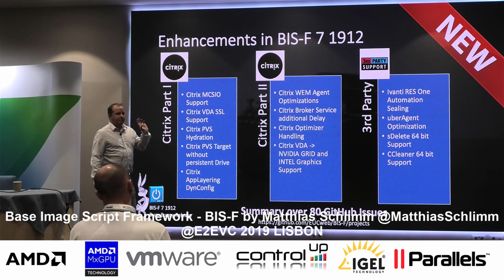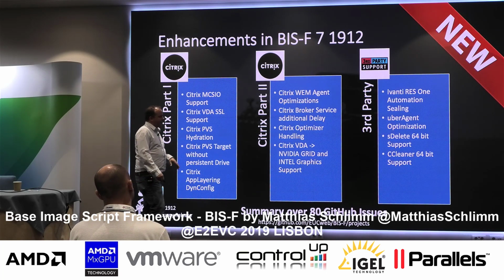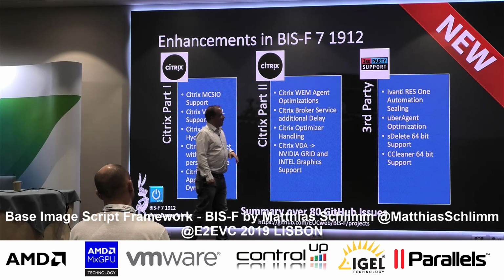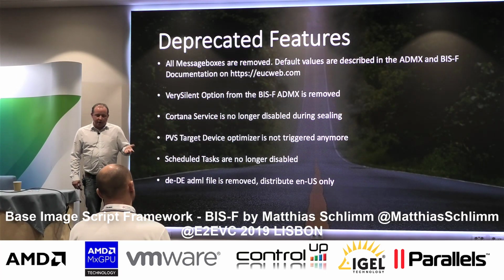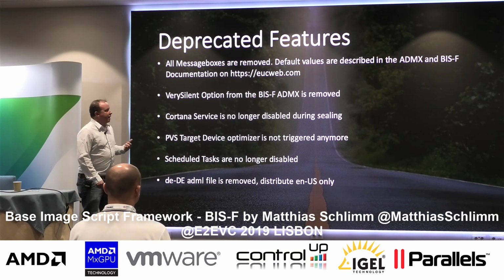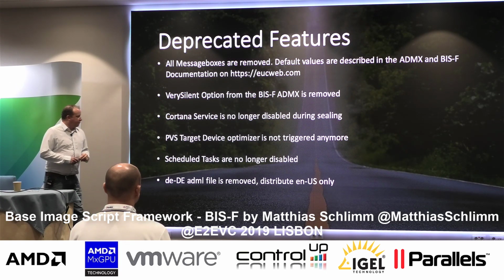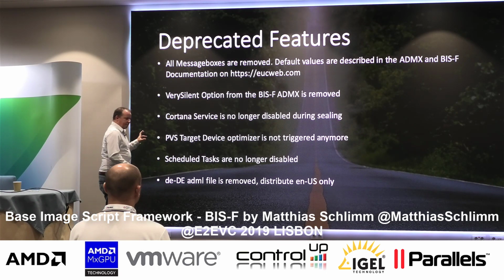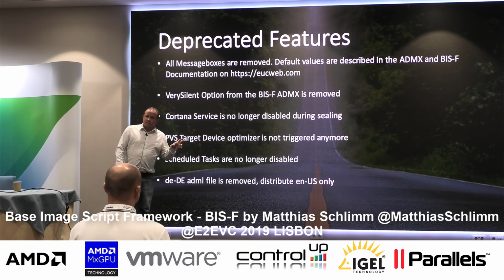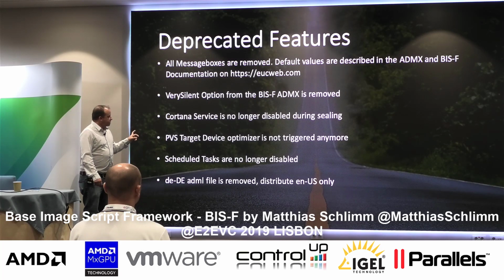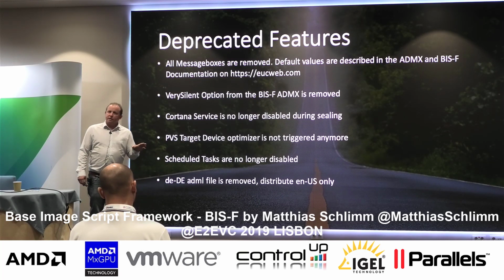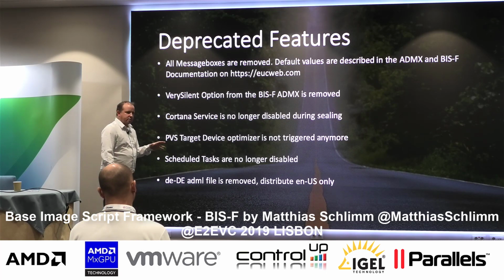So at the moment this is a big, massive list, so I do not have all functionalities in my mind. The good news for the new version is that we also have some deprecated features. We are completely focusing on Citrix Optimizer and the VMware OS optimization tool. That means we do not disable any scheduled tasks or services anymore. This is completely out of scope for BIS-F.